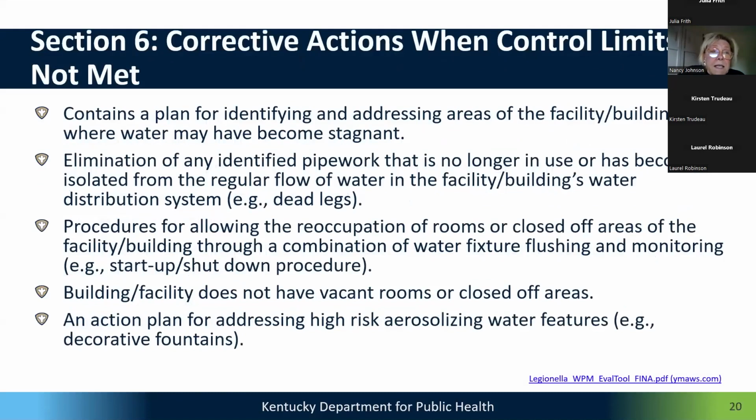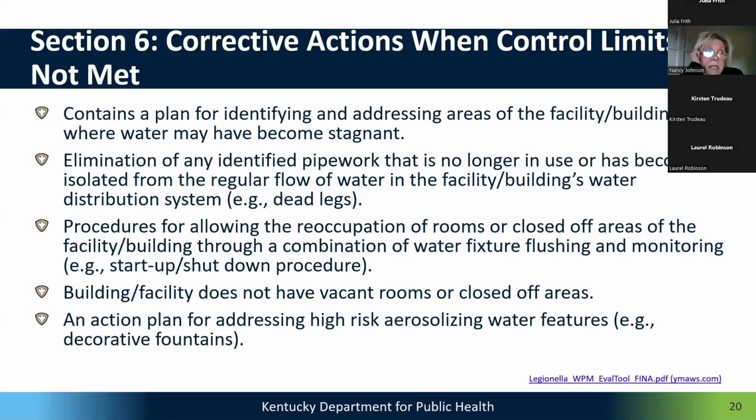So section 6, what are you going to do if the controls are out, if things aren't working? You need to have a plan for identifying and addressing the areas of the facility or building where the water may become stagnant. What are you going to do to eliminate that pipe work if it gets isolated or something happens, or you change use?